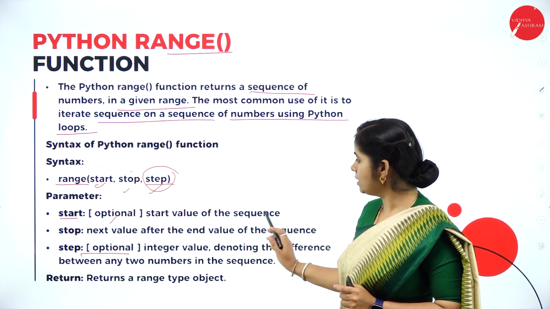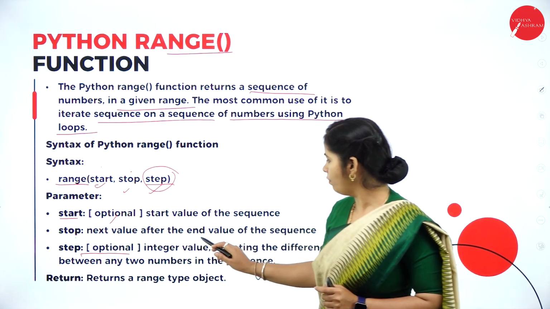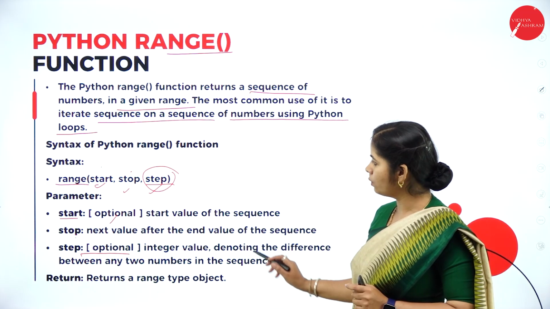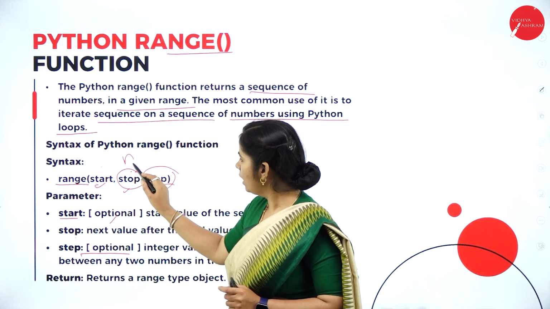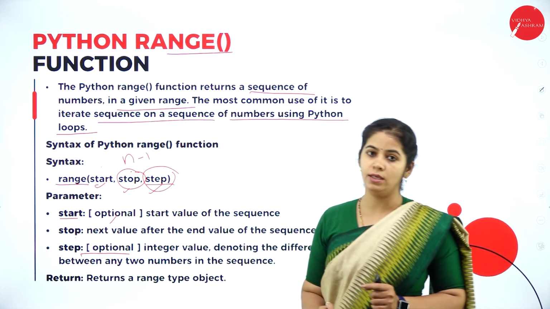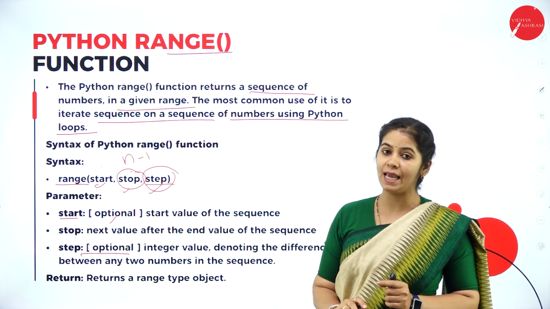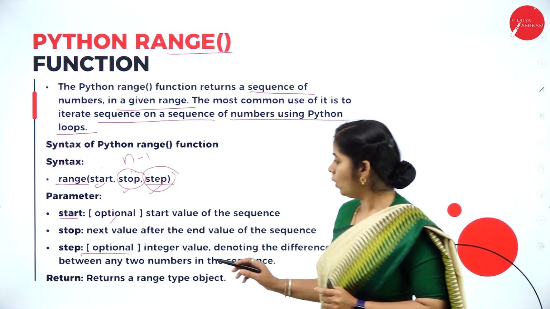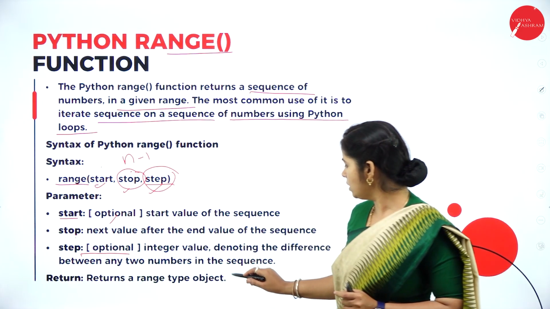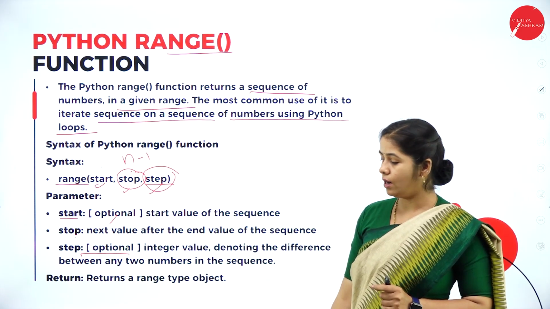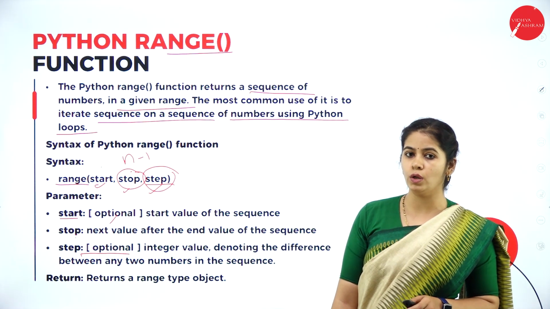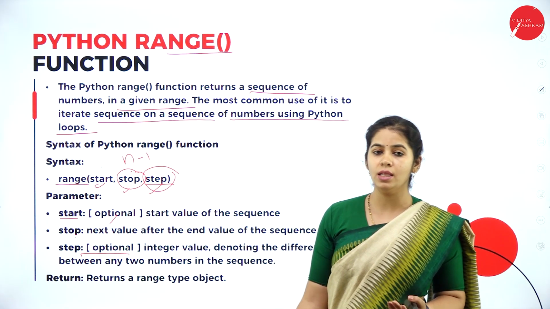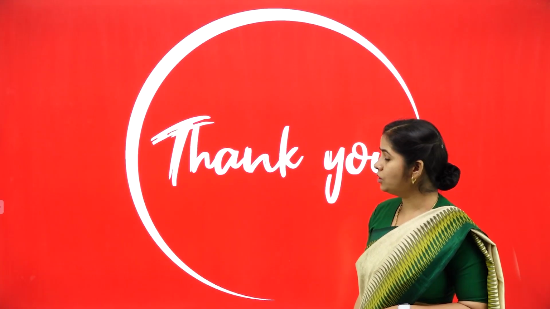Start is the first value of the sequence. If the stop value is n, it will always stop the execution before that, that is, at the n minus 1th value. Okay, between any two numbers in the sequence, and it will return the range type as an object. Whenever we are using range, it will return the data type as a range type.